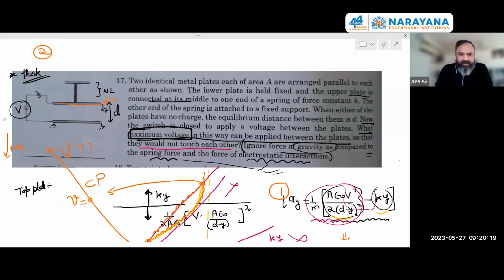So now pursue the maths. You will write v dv by dy and integrate. So you'll have v squared upon 2 in LHS. In RHS, let me just write the terms properly. It is epsilon naught V squared upon twice of m, and I'll have dy upon (y minus d) the whole square.